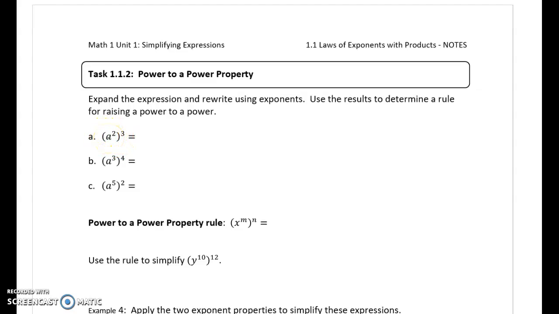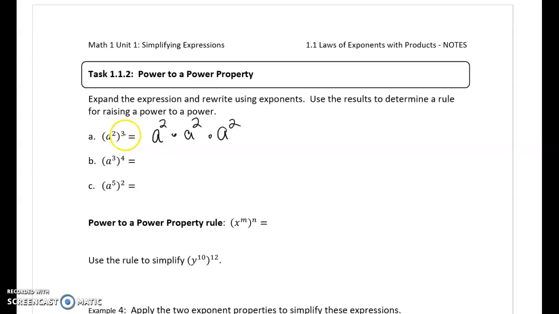All right, so again, we talked about yesterday what an exponent does: it tells you how many times you're going to multiply the base times itself. So we're going to take this base of a squared, and we are going to multiply it times itself 3 times, right?